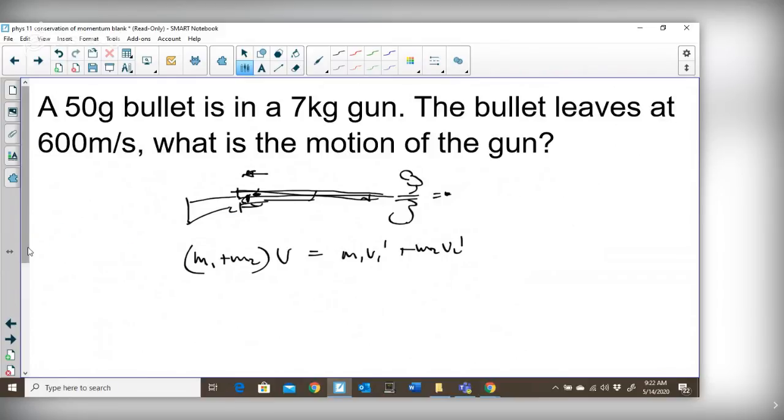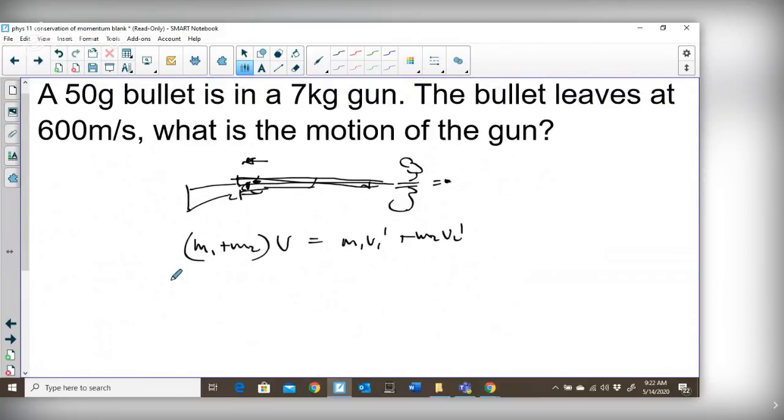So let's go through. A 50 gram bullet, so that's 0.050 kilograms, plus 7.0 kilograms, times our velocity, which is 0, is equal to 0.050 kilograms, and it's traveling at 600 meters per second.